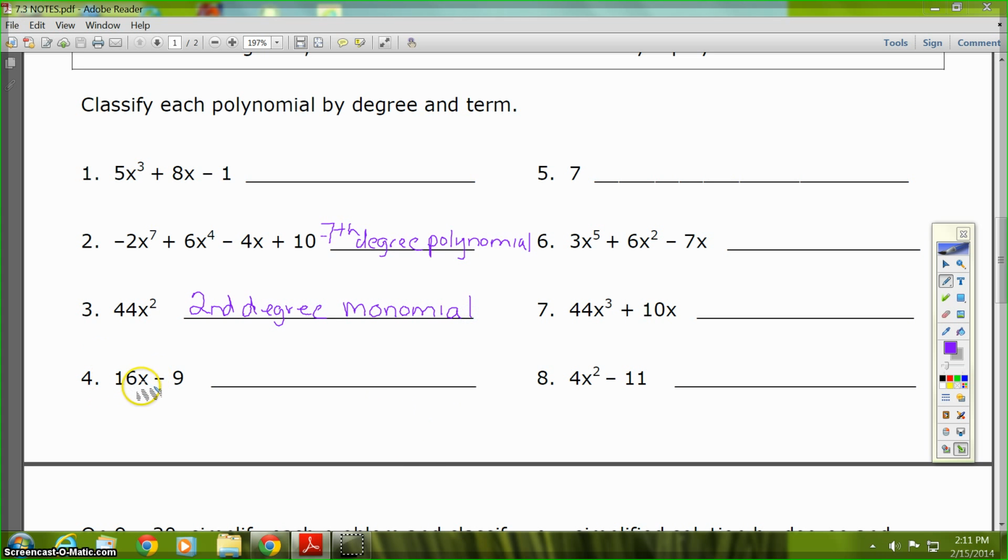Number 4, my biggest exponent is 1, so that's going to be a 1st degree. And I have 2 terms, so 2 terms would make it a binomial. Okay, going up to number 7. Number 7 does not have any exponents, so that would make it a 0th degree. Anything to the 0th degree equals 1. And there's 1 term there, so it would be a monomial.